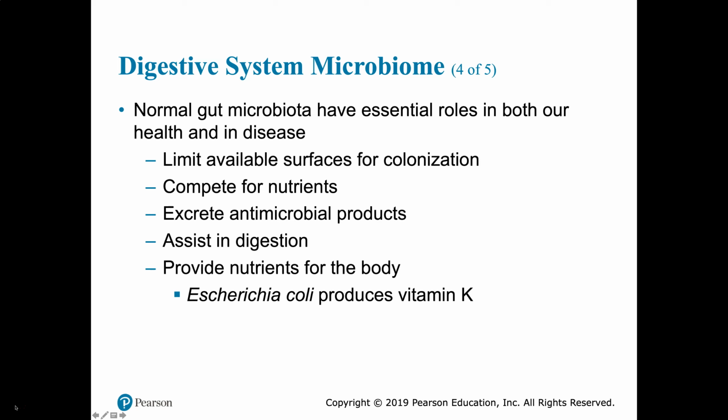And one of the other things that's really important is that the bacteria in our GI tract help with digestion. When it comes to consuming plant-based material, we're really, really bad at digesting it. Our body's pretty terrible at it. So we rely heavily on bacteria in our GI tract to actually help digest plant-based material as much as possible.